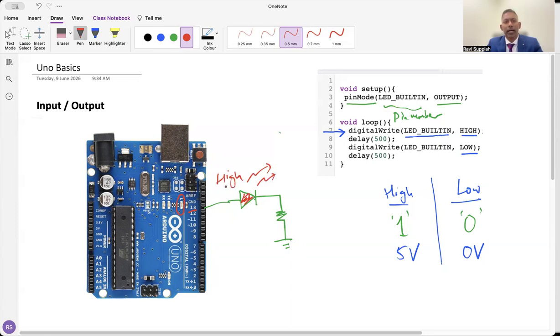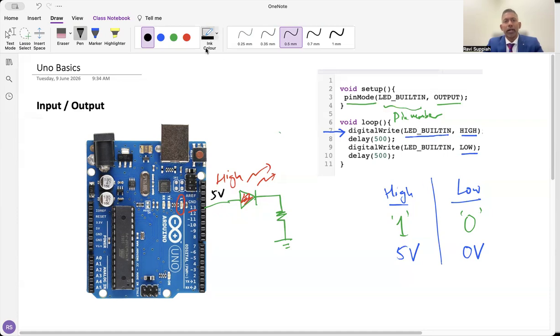Why? Because when it is high, effectively I'm supplying 5 volts at digital pin 13. That means I'm now creating a voltage difference between this point and ground, which will allow current to flow and light up the LED.